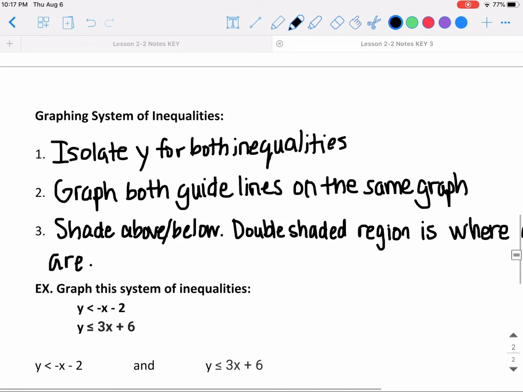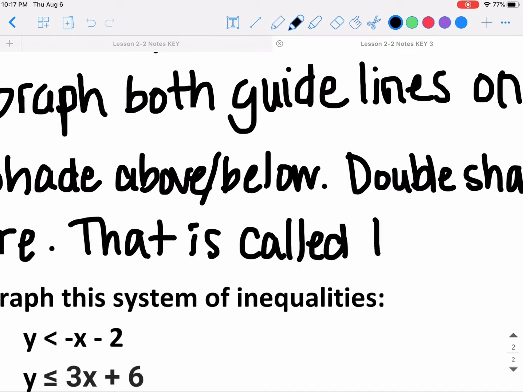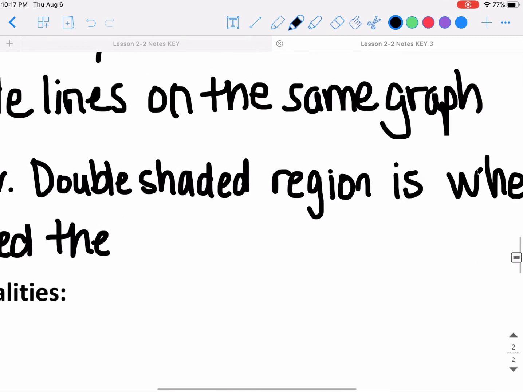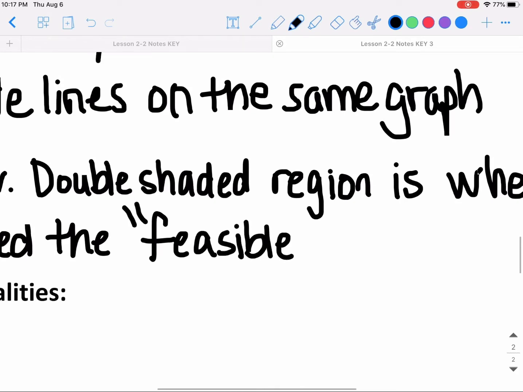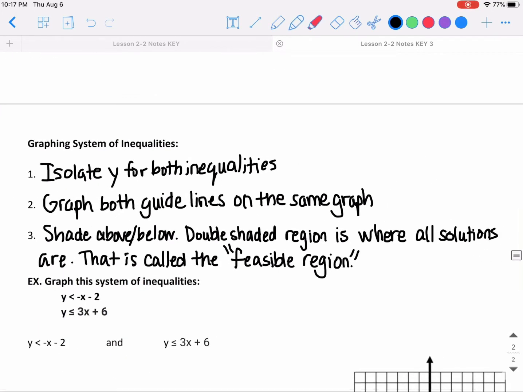We call that double shaded region the feasible region. It's called the feasible region. And that is the solution to the system, the feasible region.